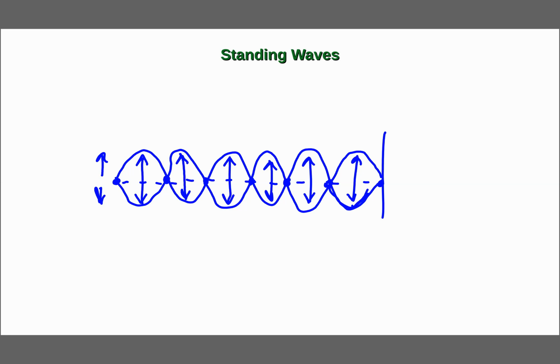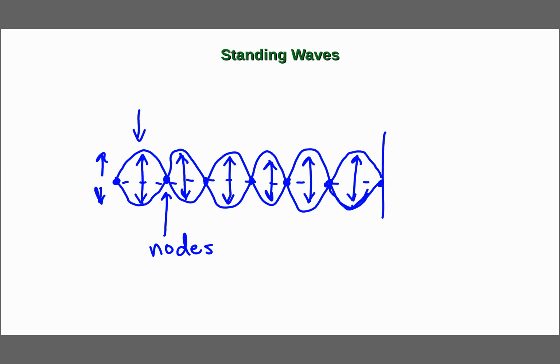And you can do this and see it for yourself. And your book has some really nice time-lapse photos of this as well. So you usually end up with what looks like kind of a blurry moving string here, and you have these points that are fixed. These points are called nodes.